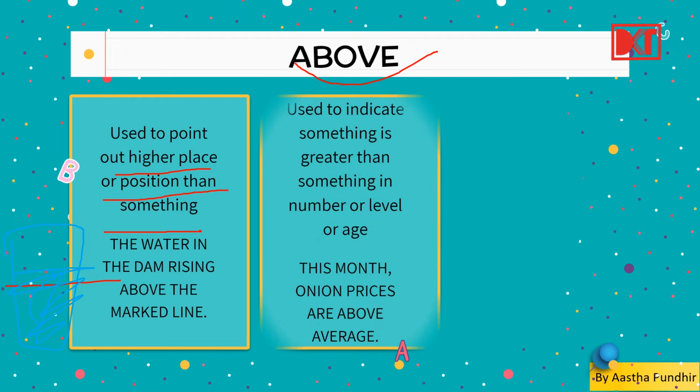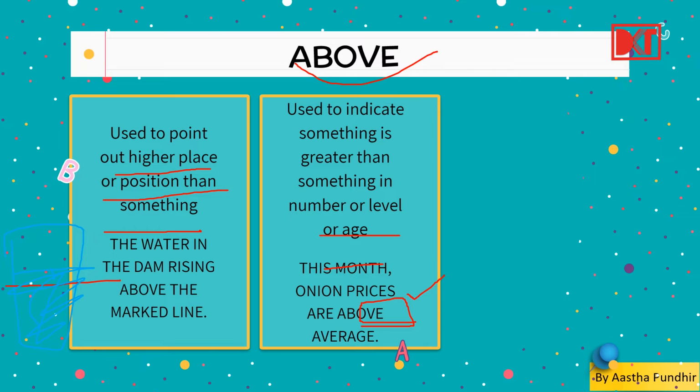Next would be used to indicate something is greater than something in number or level or age. मतलब अगर कोई level में, age में, number में बड़ा है, जैसे this month the onion prices are above average. जो prices होते हैं onion के average prices उससे ज़्यादा हैं इस month के onion prices.